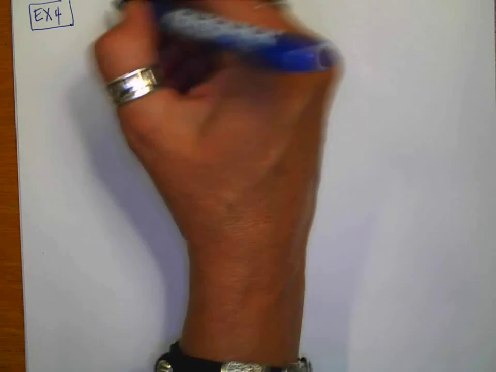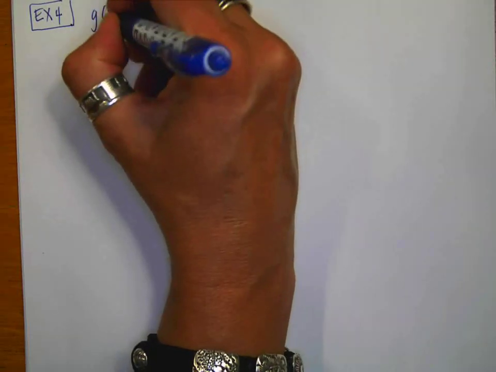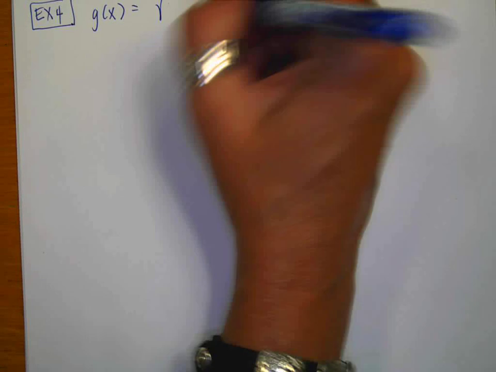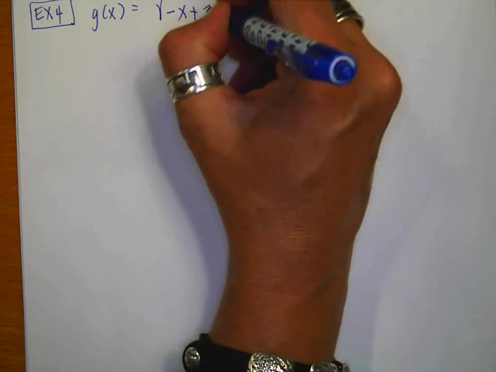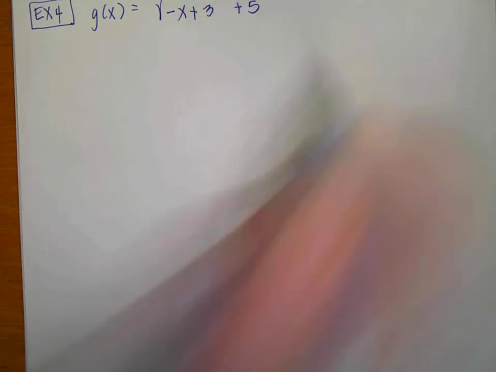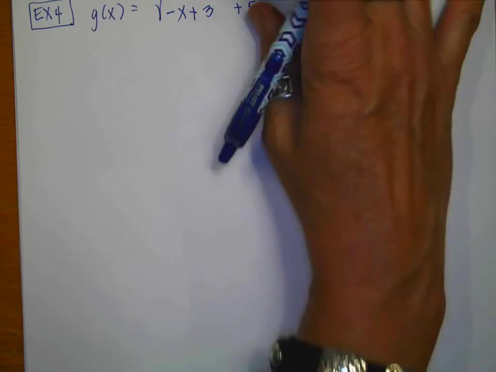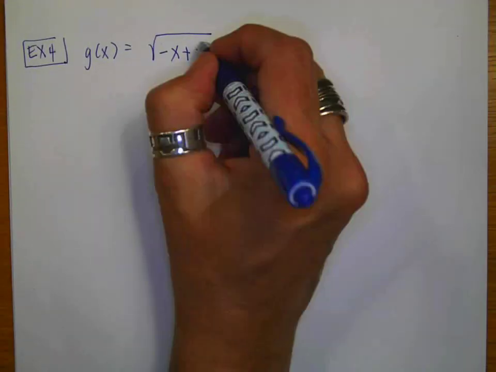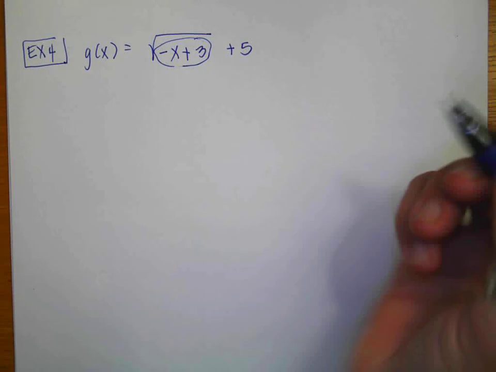All right, let's do our next example. So that was 3. This is going to be example 4. Now we're going to start bringing in multiple transformations. So what if I said g of x is equal to the square root of negative x plus 3, plus 5? Here is a huge word of caution.